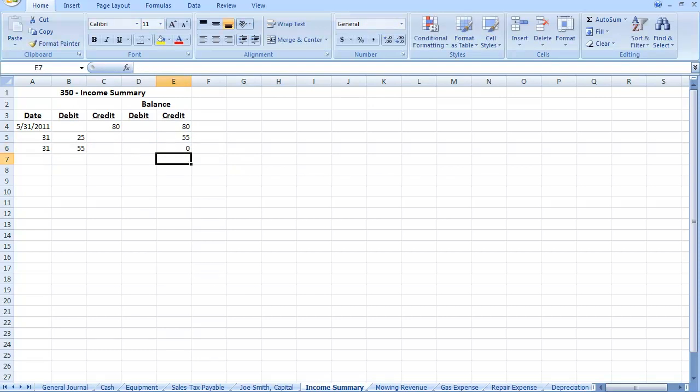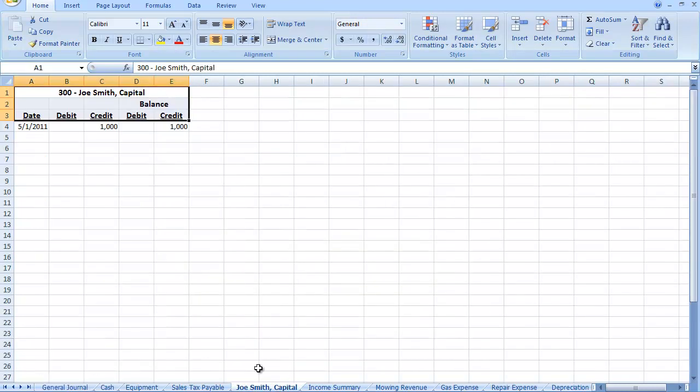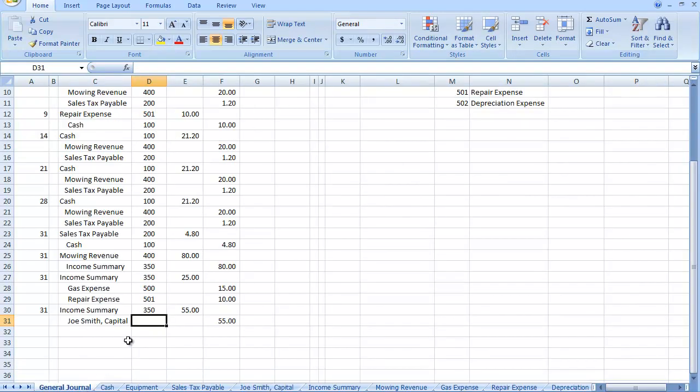And it does. So we go to the general journal, post it at 350. Then our capital account, we need to credit it for $55. So on the 31st, 55 credit. Since they're both credits, they're added together. Now we have $1,055 in our capital account.